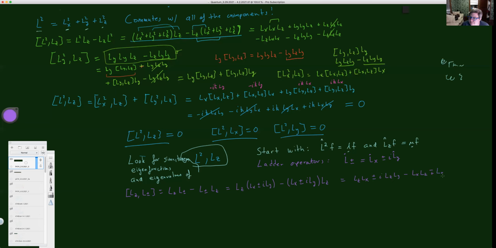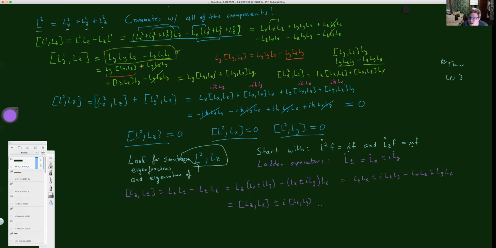Notice we have Lz Lx minus Lx Lz, which is the commutator of Lz with Lx, and we know exactly what that is. Then we have Lz Ly minus Ly Lz, where the minus sign switched, so plus-minus i times the commutator of Lz and Ly.